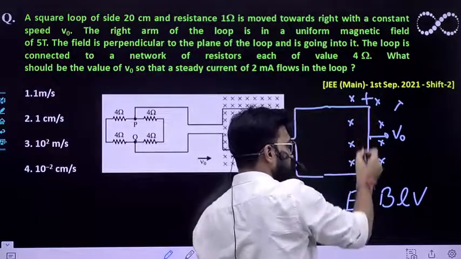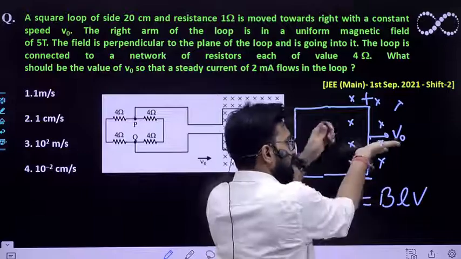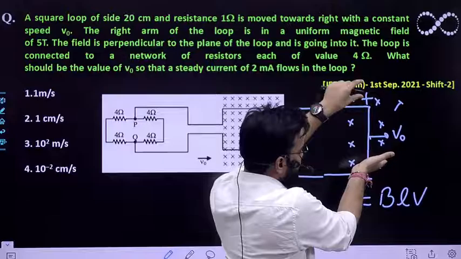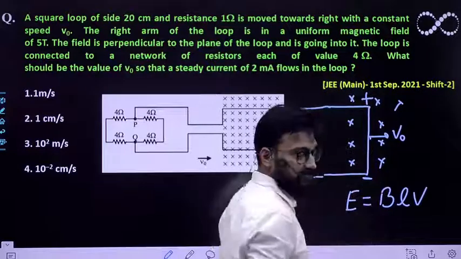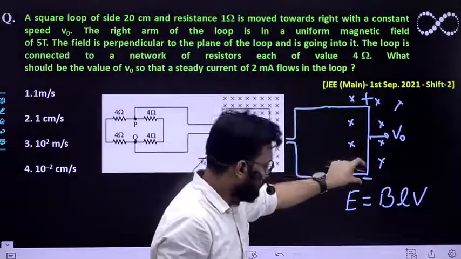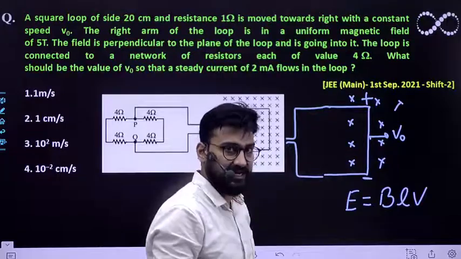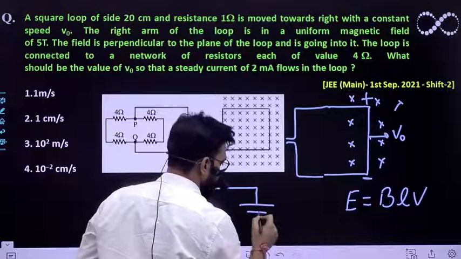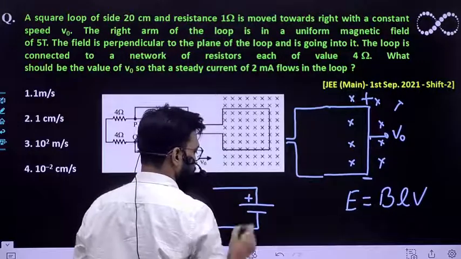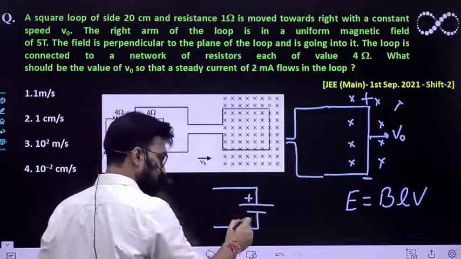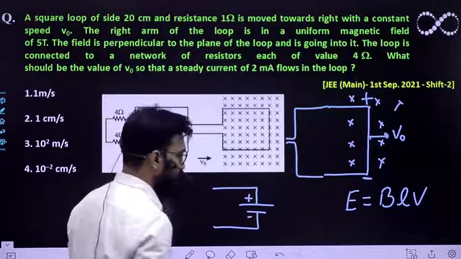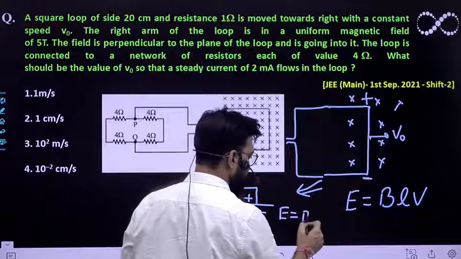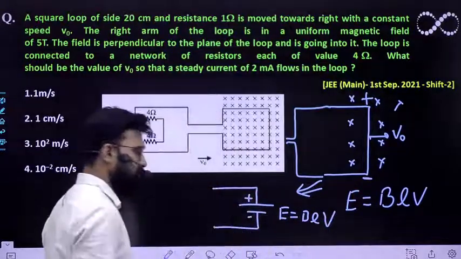So if this is positive, this must be negative. So the upper surface would have a polarity of plus, and the lower surface would have a polarity of negative. So it will behave like a cell just like this, whose positive terminal is upward and negative terminal is downward, and whose EMF is given by BLV. This we already know.